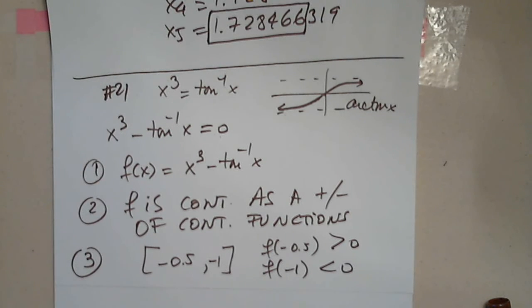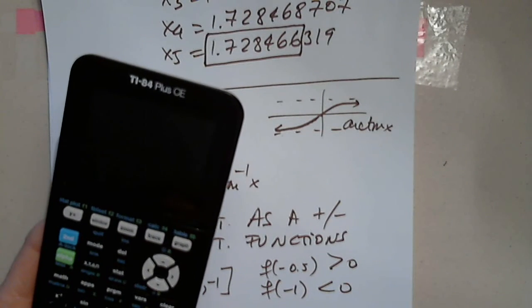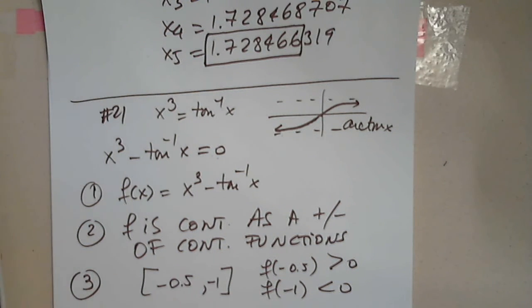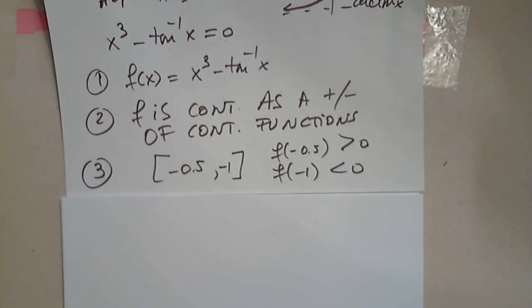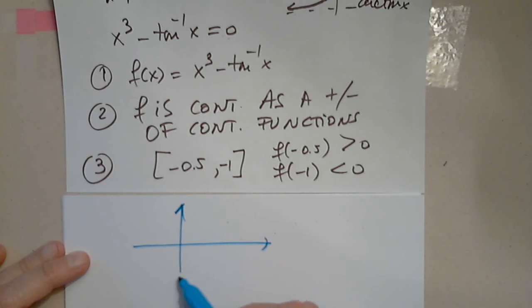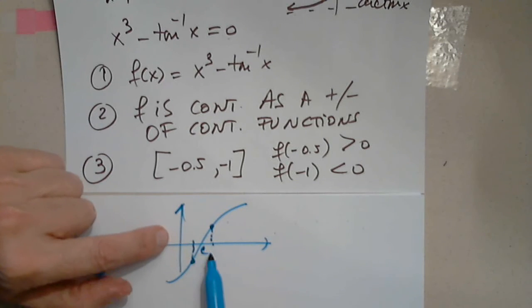Okay. Thank you so much. Yes? You pick those numbers because you're looking where the interval changes from, in this case, negative to positive. Yes. Because the function is continuous. Let me refresh your memory on the intermediate value theorem. If a function is continuous and it's negative here and it's positive here, it has to have a 0.